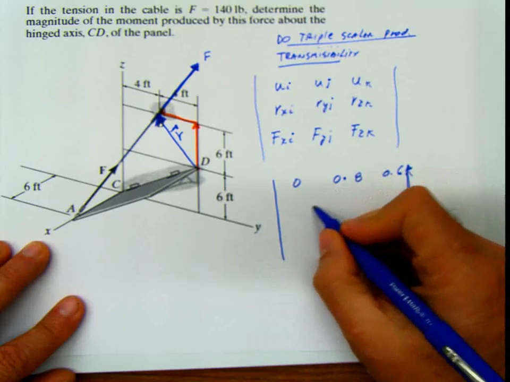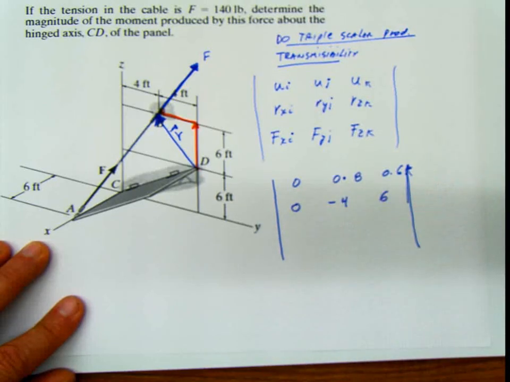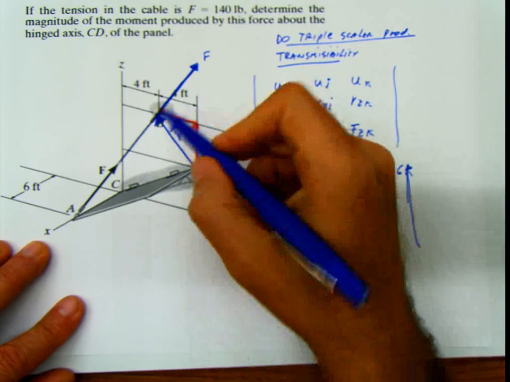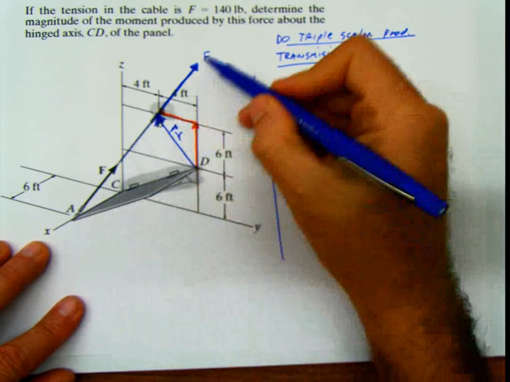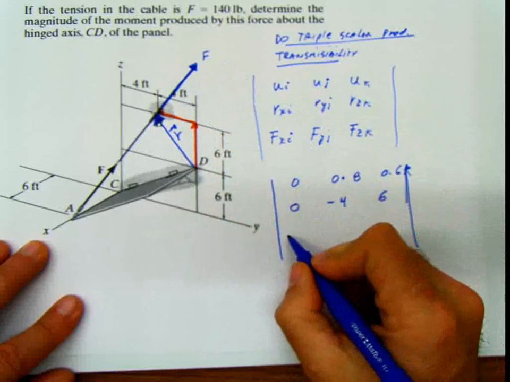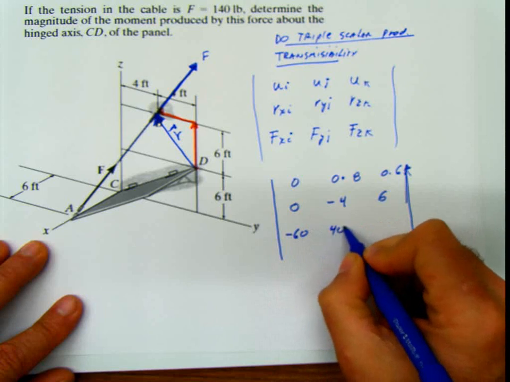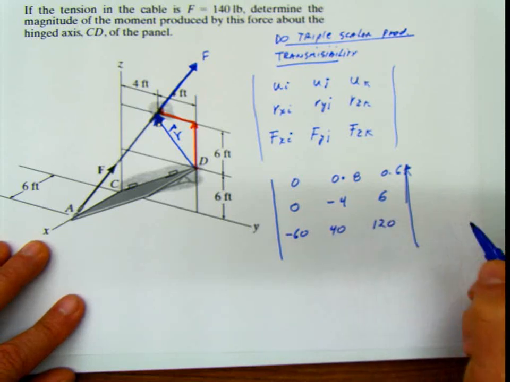So it's going to be 0, -4, and 6. And finally, our force is the same force anywhere. The force we calculated before was -60, 40, and 120.